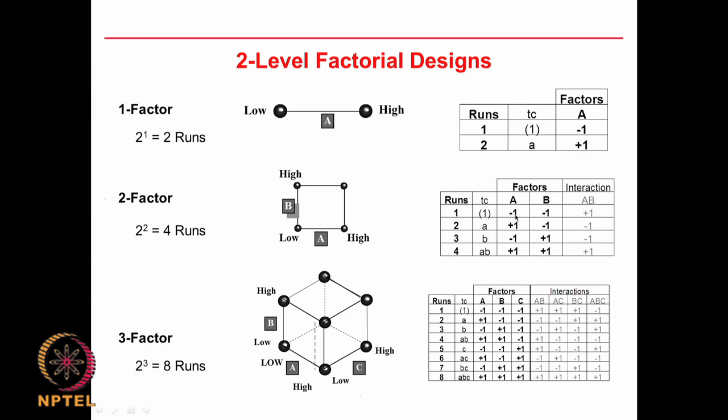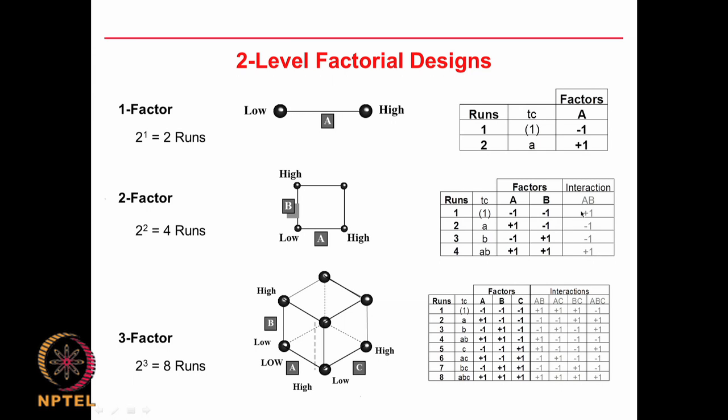All I have to do is multiply these 2 numbers to get this number. Minus 1 into minus 1 is plus 1, plus 1 into minus 1 is minus 1. Minus 1 into plus 1 is minus 1, plus 1 into plus 1 is 1. Do you understand? So, interaction AB is given like this.